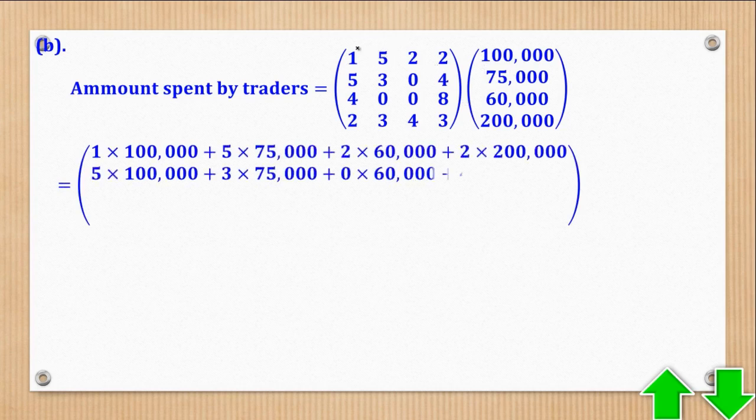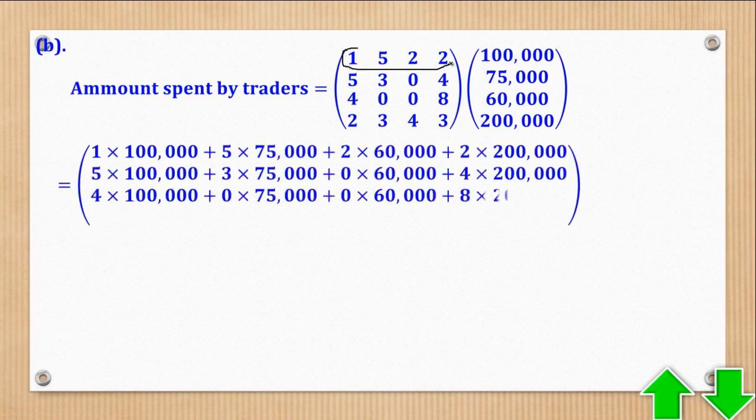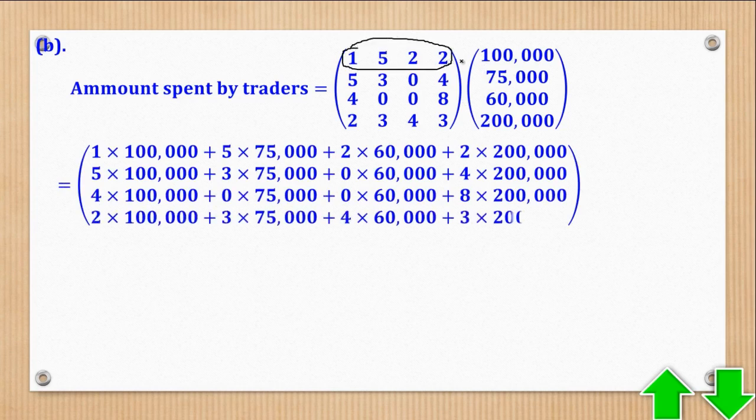Then we shall begin with this. It gives you 1 times 1,000, 1 times 100,000, which is this. Then 5 times 75,000, 2 times 60,000, and 2 times 200,000.